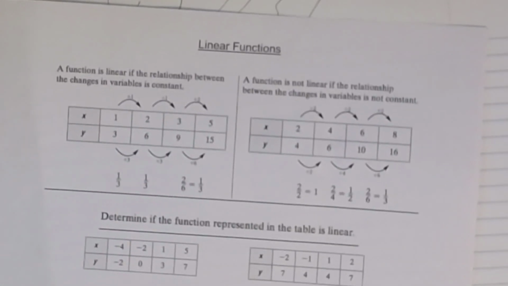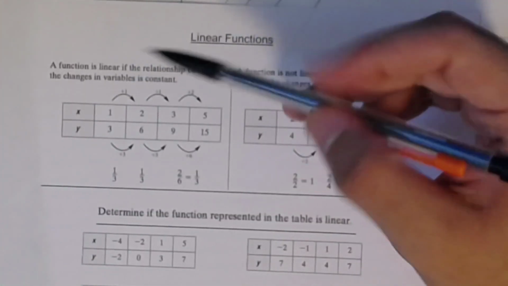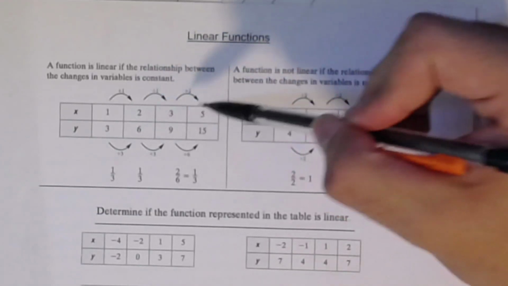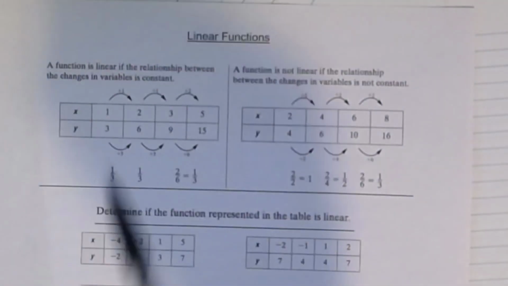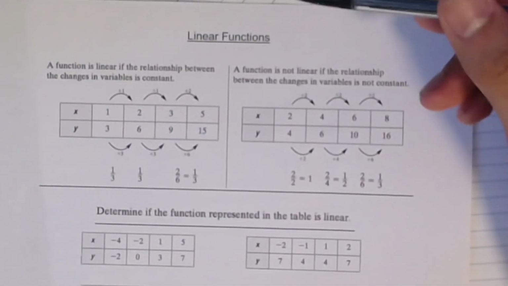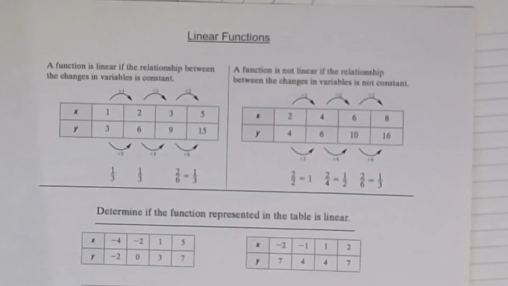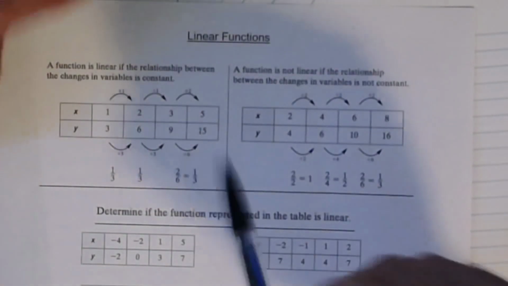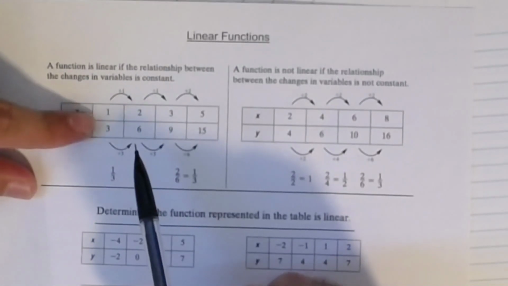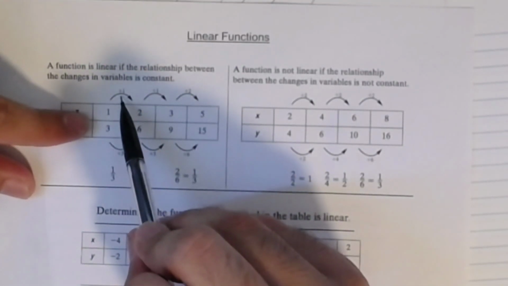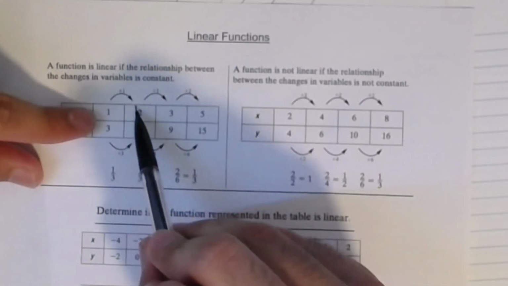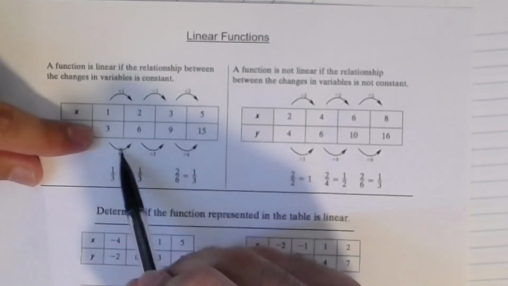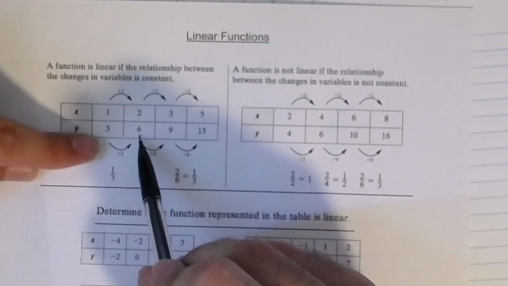Now we have here a function where it is linear. Notice, since we talked about proportional, it's going up by the same proportions. It's a constant rate. Look here, we went up 1 and then we moved up 3 on the output.